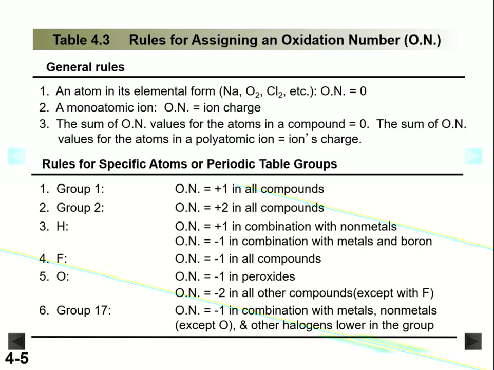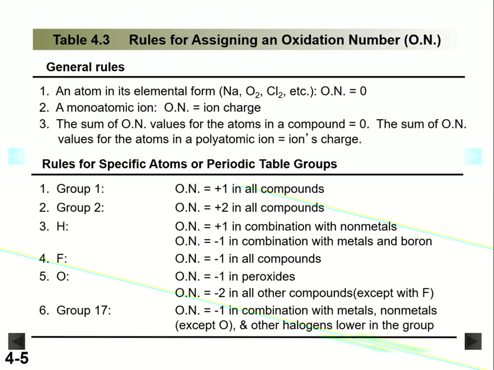If we look at the first 3 rules, this will hopefully help us to understand this. If we have an atom in its elemental form, whether it's a monatomic element like argon, or if it's a metal like sodium, or if it's a molecular element like oxygen or chlorine or fluorine, the oxidation number is always 0.